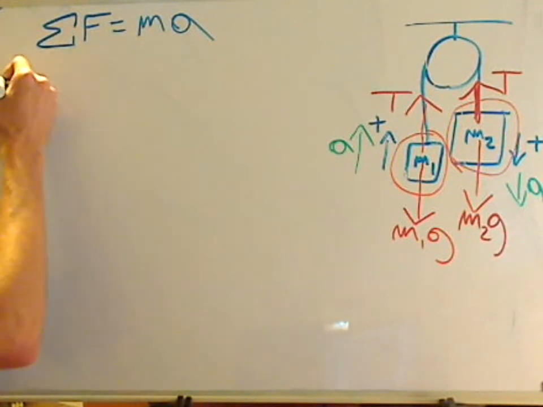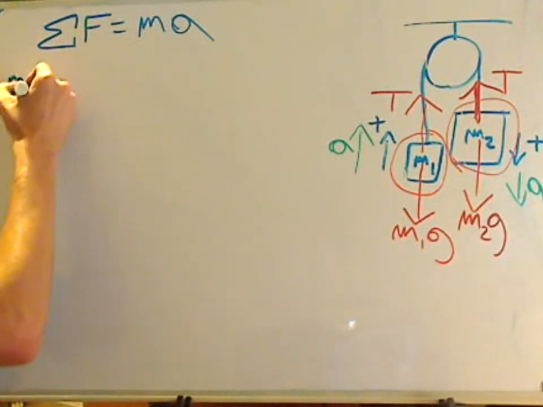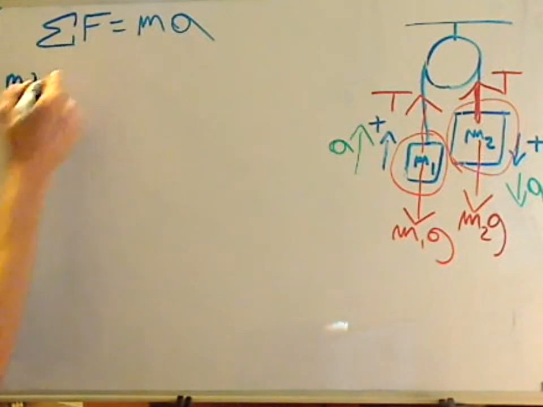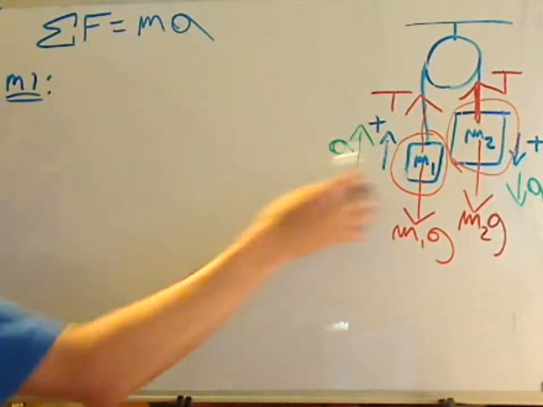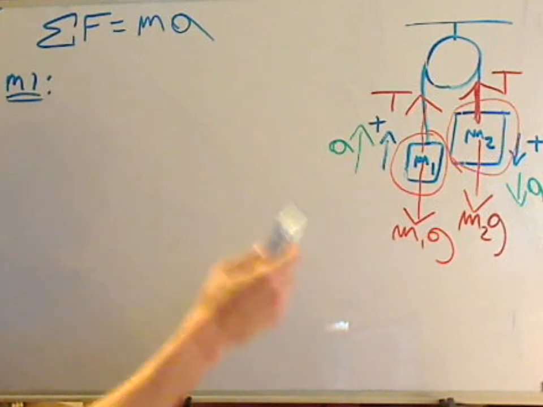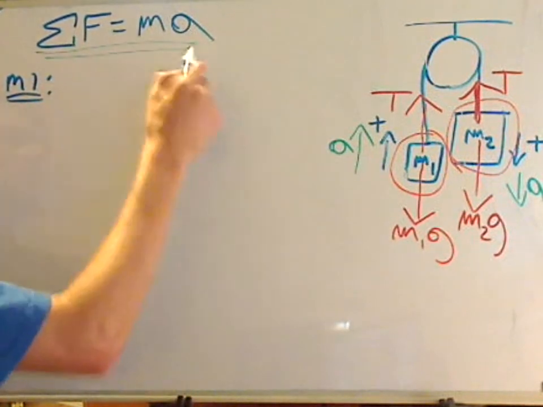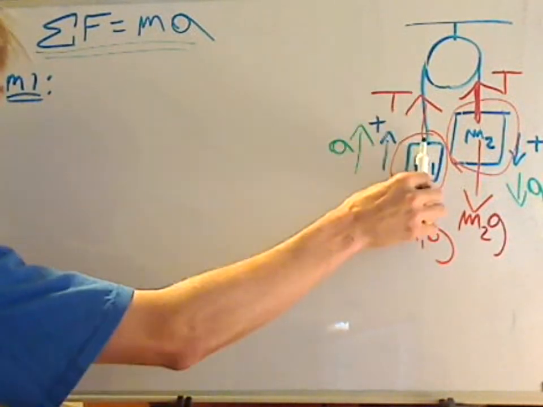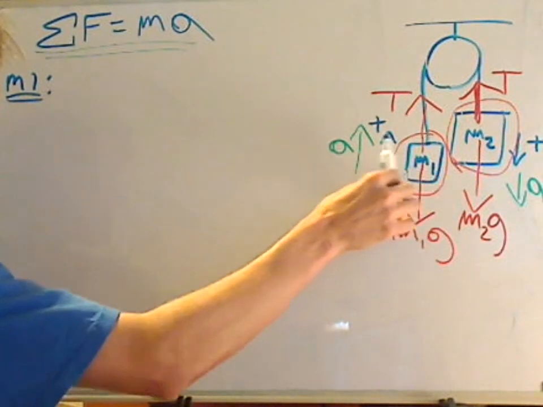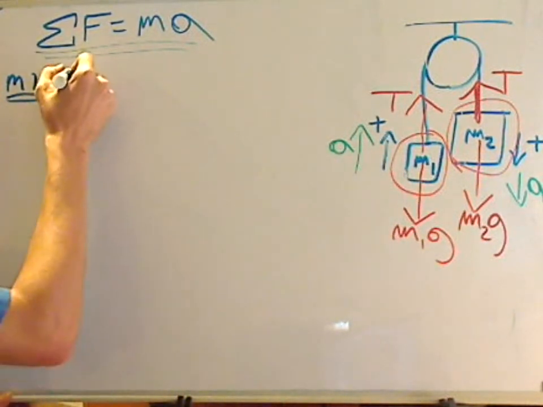So applying Newton's second law to M1, our positive direction is up. So the sum of our forces, well, we have one upward force. That's a positive force, so that's tension.